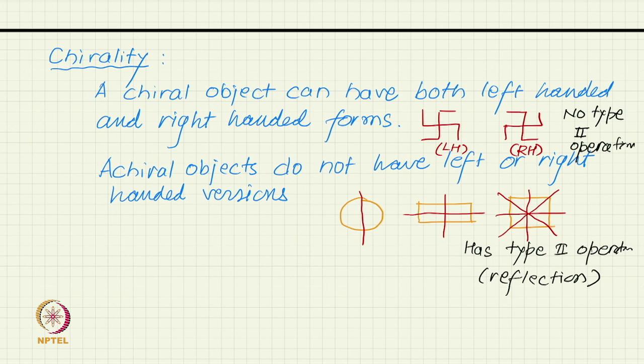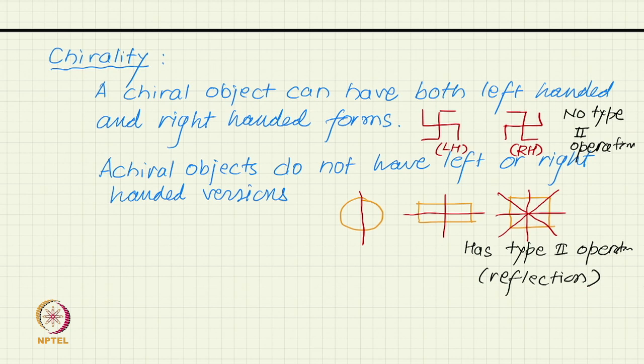So then maybe you will define your left handed and right handed, that if I apply an improper operation, we get from left handed to right handed. You have to say that as your definition of left handed and right handed.